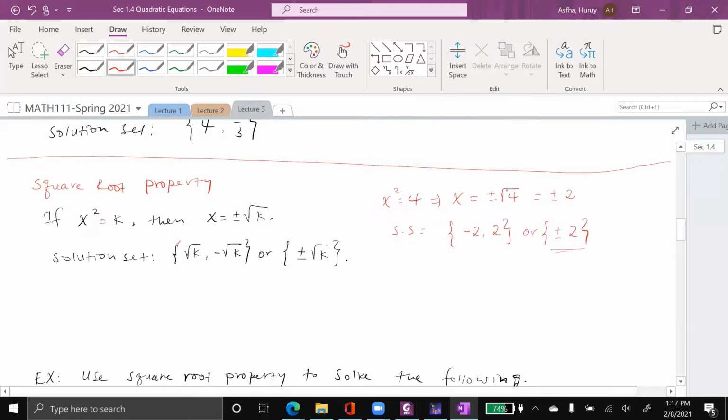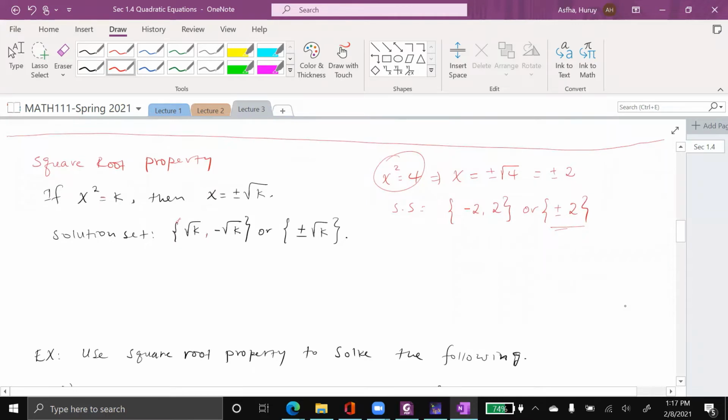So the solution to this one is always ±2. Because if you plug -2 here, then this becomes true, because -2 squared is 4. If you plug 2 in here, then 2 squared is 4. Again, it makes it true. That's why we get ±2.